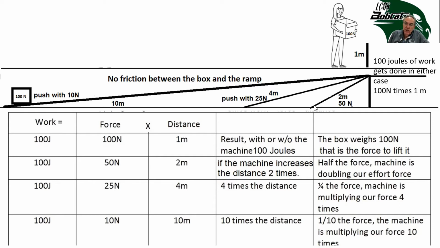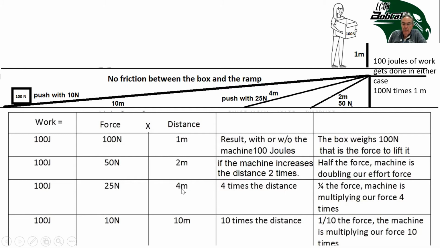Now, if she made a ramp that was 2 meters long, okay, she would have to push twice the distance. She'd have to push 2 meters up this ramp, but she would be able to use less force. She would only have to push with 50 newtons. Okay, so we have the distance of 2 meters times the 50 newtons of force, and she still gets the 100 joules of work done.